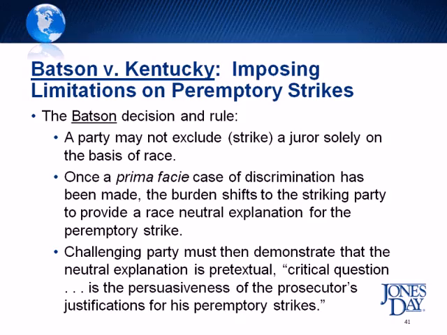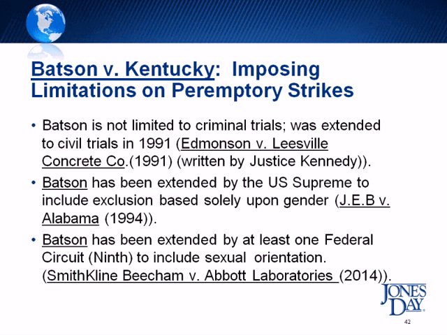Now, at the same time, though, Batson reaffirmed the important role that peremptory challenges play in trials. So there were a number of interesting decisions that came down concerning Batson. They extended the Batson rule to civil trials. That was in 1991.